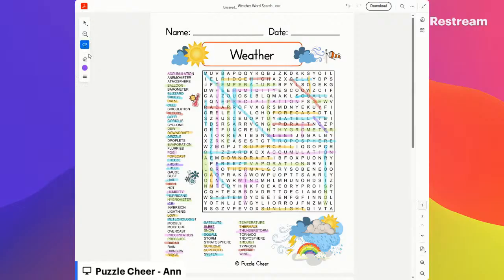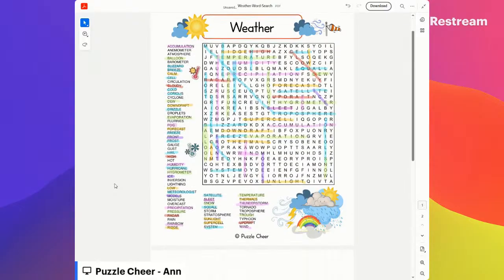I have it, thank you. M-O-D-E-L-S. And that goes right into the bottom row. Yeah. And models. And Rory found front. Thank you.